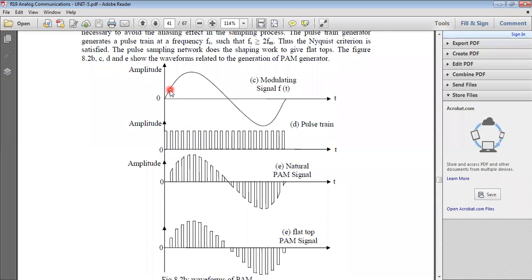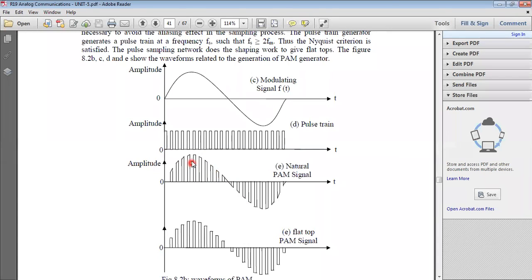Suppose at this point we have 0.2 volts amplitude. According to that 0.2 volts amplitude, the discrete signal is generated. So at the envelope of this PAM signal, we have our message signal.